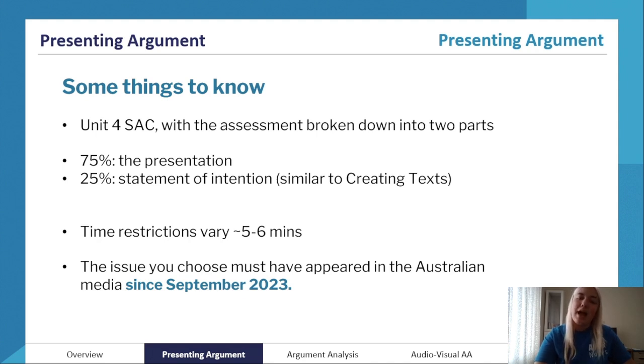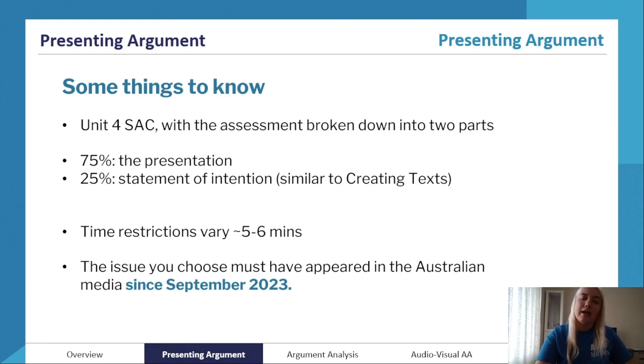Except now, when you're analyzing your deliberate language choices, you should be analyzing your PLTs, your persuasive language techniques, and applying the what, how, why process of analysis. We'll revise that again today. But basically, that's your intended effect with regards to your audience of these PLTs, as well as how does the language or the PLTs you've used help to make your argument or contention more convincing overall and enhance it.